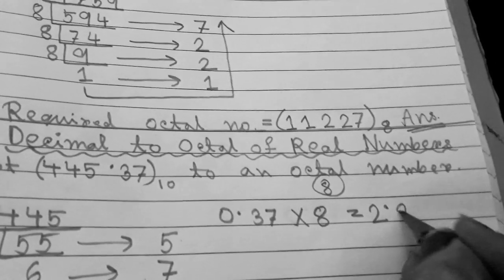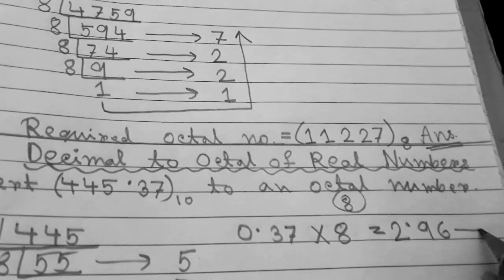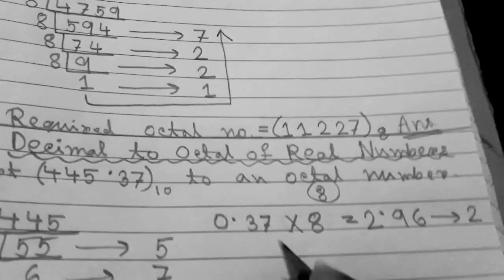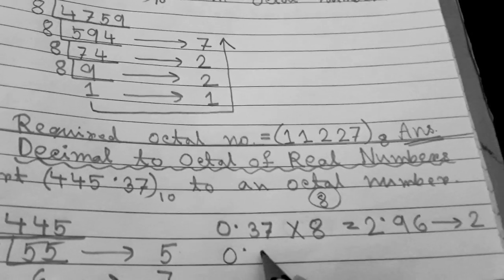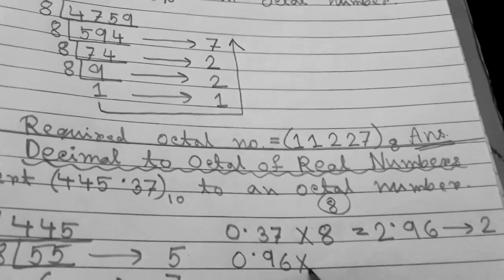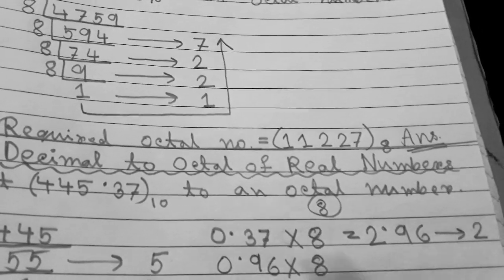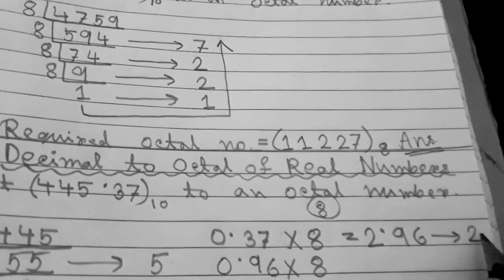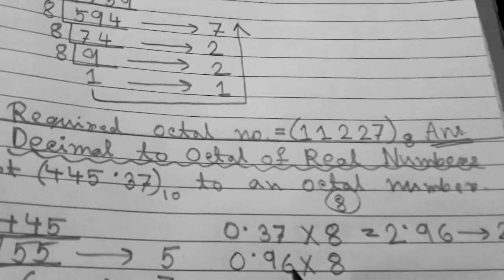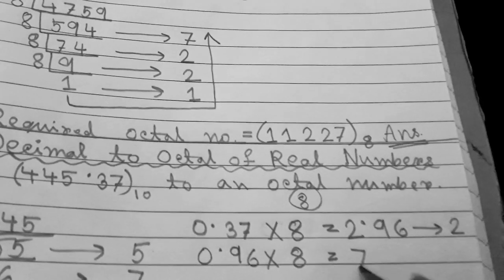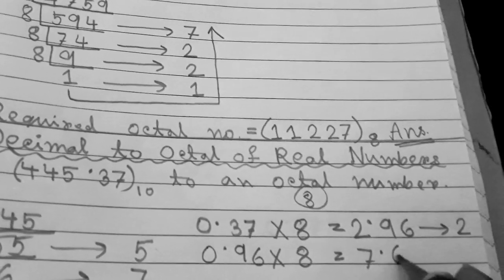And here is 2.96. You keep this 2 aside and start again with the fraction part only. I again repeat, don't start with 2.96. 2 you keep aside and start with 0.96 only.